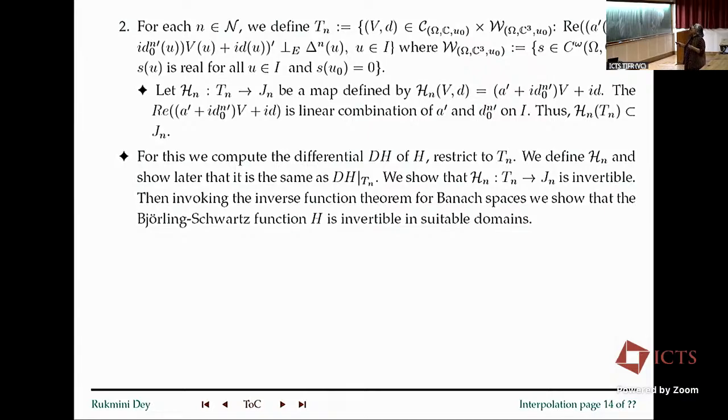So then Hn looks like this, and this is a linear combination of A prime d0 n prime, thus Hn maps Tn into Jn. When we calculate the differential of H, we find that it is actually Hn when restricted to Tn, and then we show it's invertible because it's just a matter of calculation that this is true. That's the geometric condition, and then we can show that it's invertible.